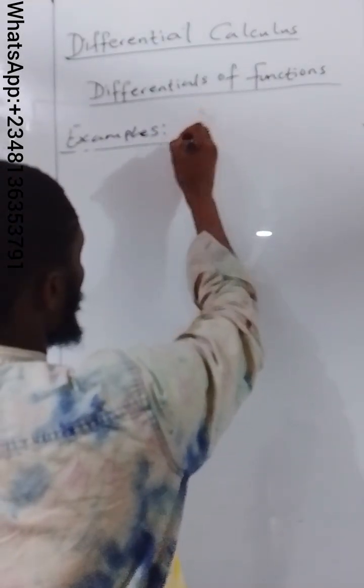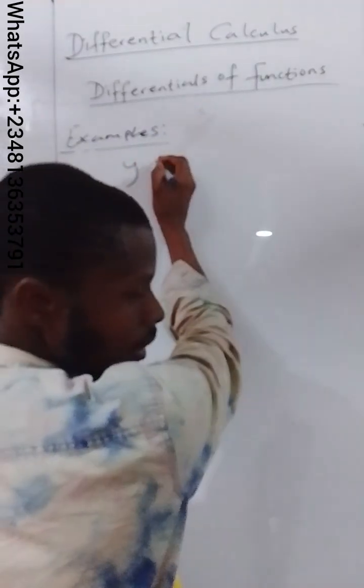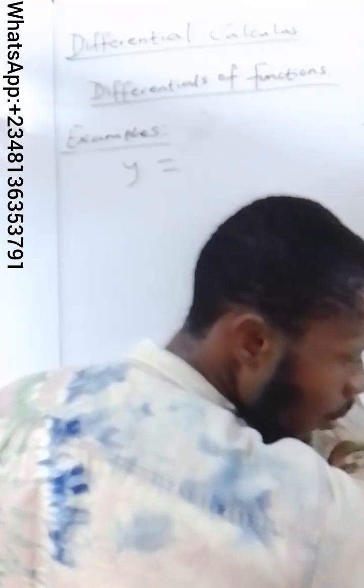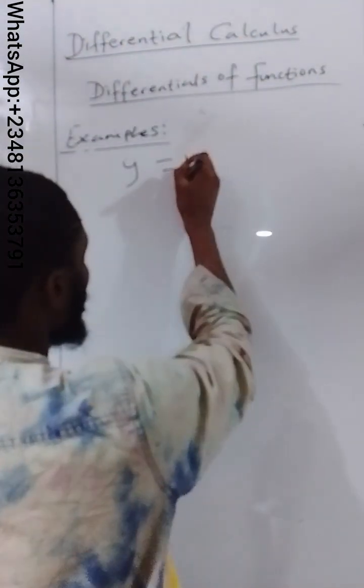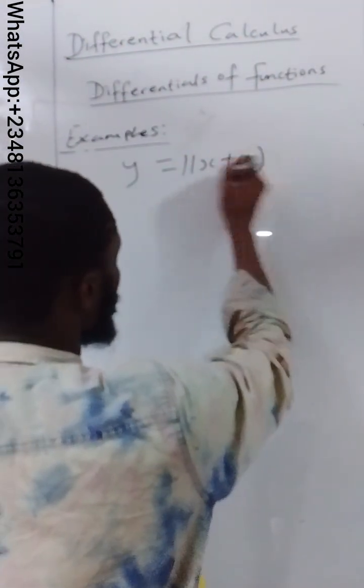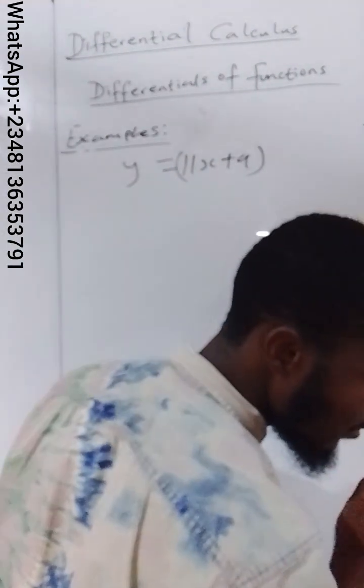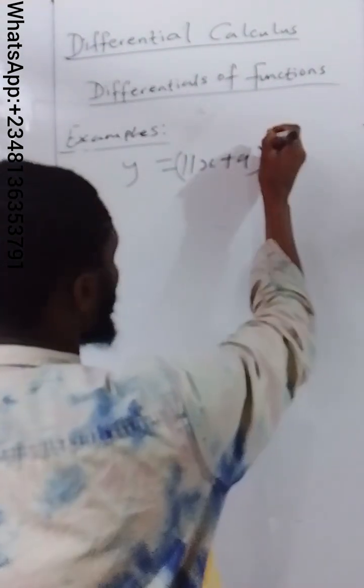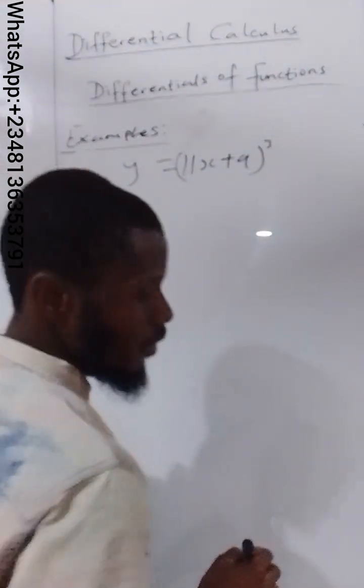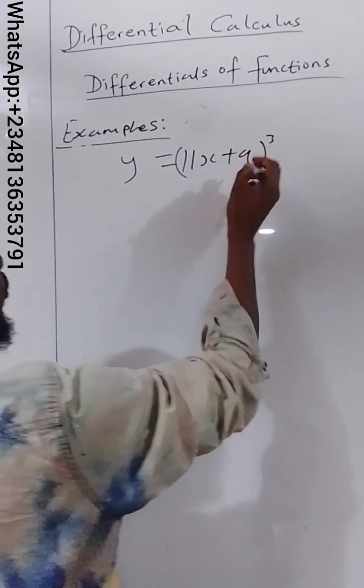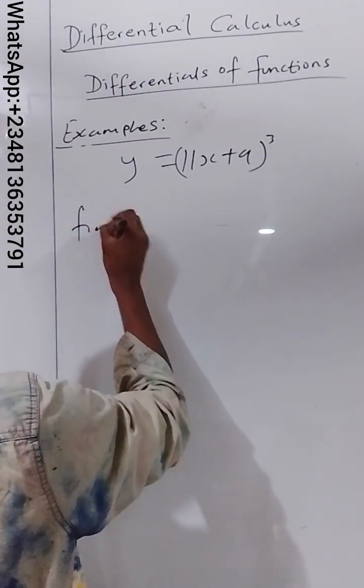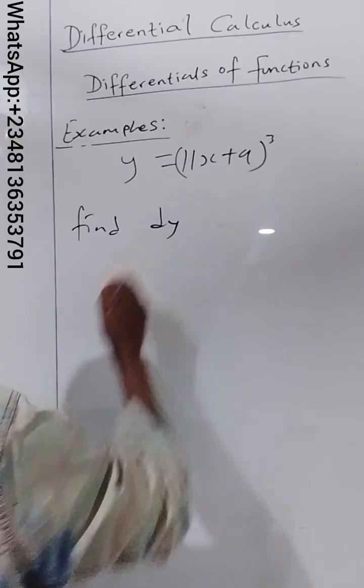Let's say we have the function y equals, 11x plus 9, cubed. This is the chain rule. We are going to apply the chain rule here. This is a function of a function. So let's say we are asked to find the differential dy.